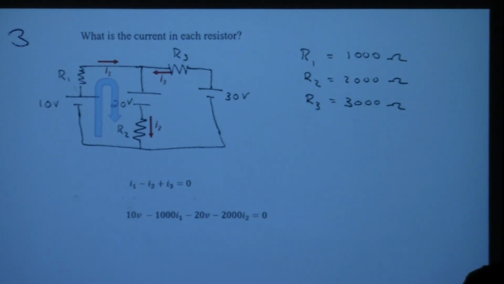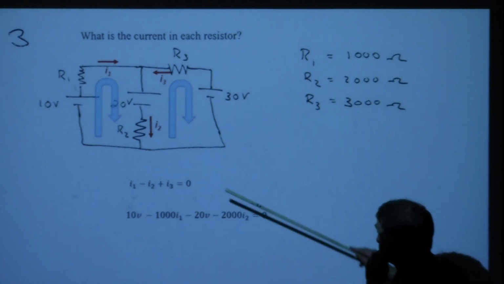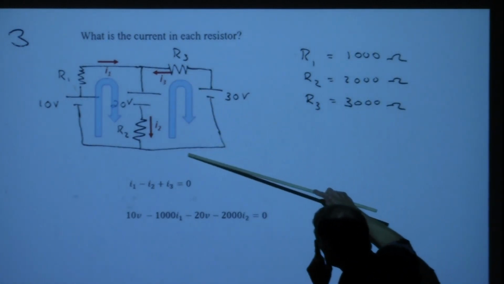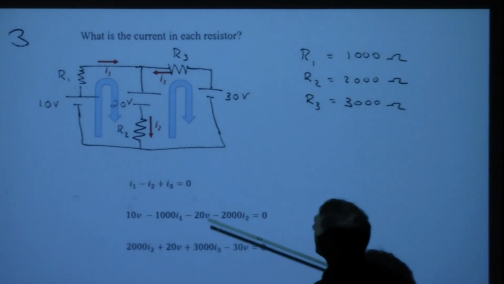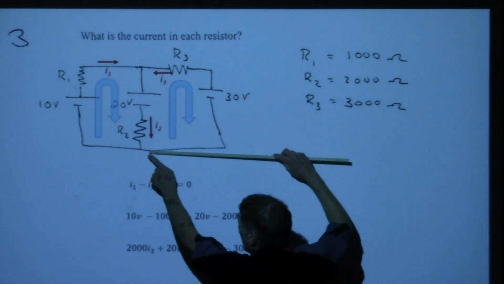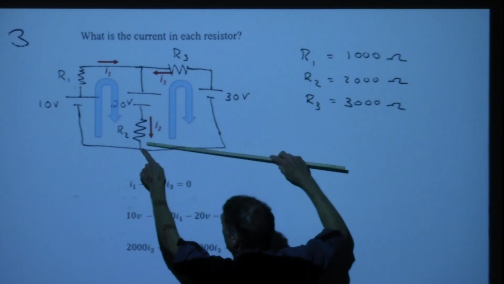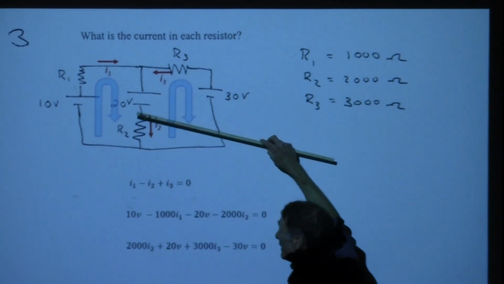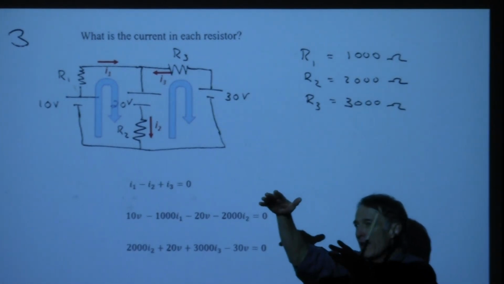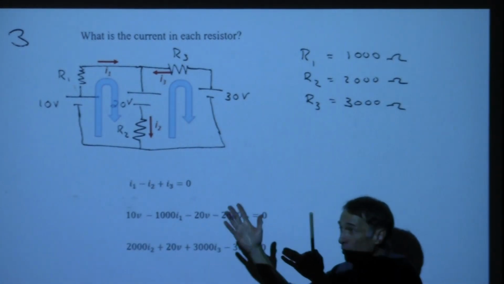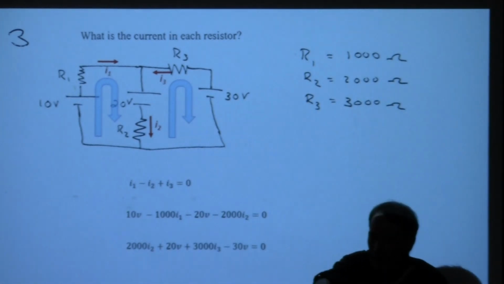Then I can do another loop here. I'm choosing to do this one going around. I'm going to come here. Here I'm going to be going up, kind of upstream. I think of this idea of current through a resistor like a mountain stream. If the current is flowing and you're going with it, you're going down the mountain stream.